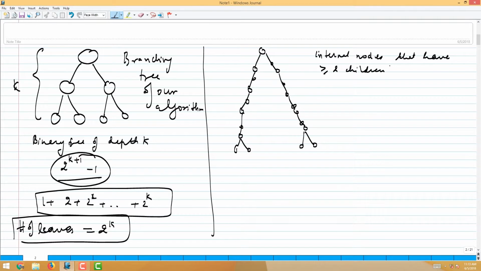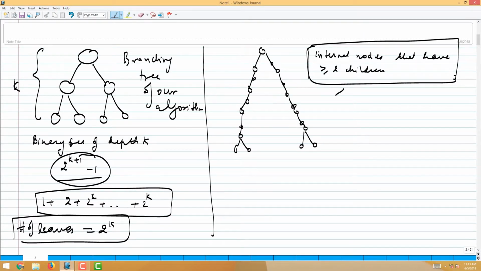In any tree, the number of such vertices is equal to the number of leaves in the tree minus 1. This is very easy. If you have not seen it, maybe you should just try to prove this.